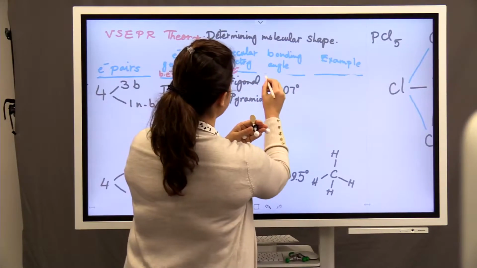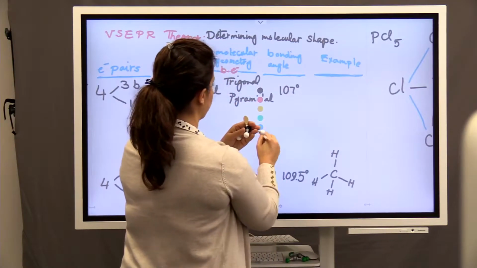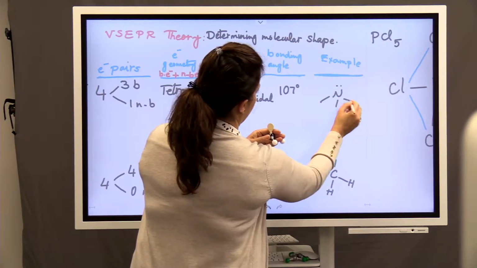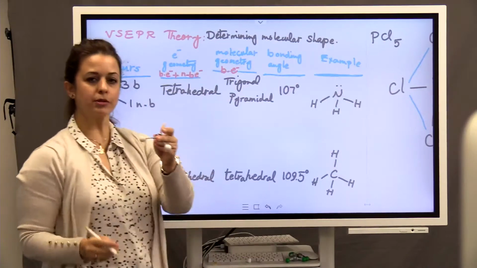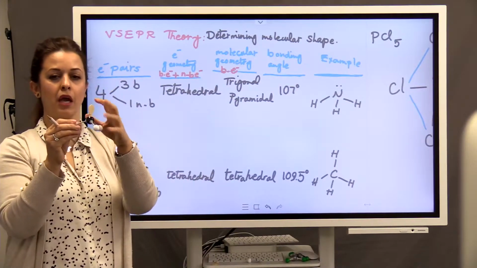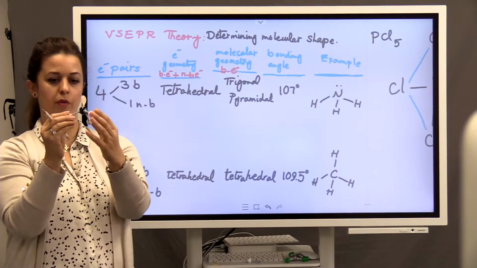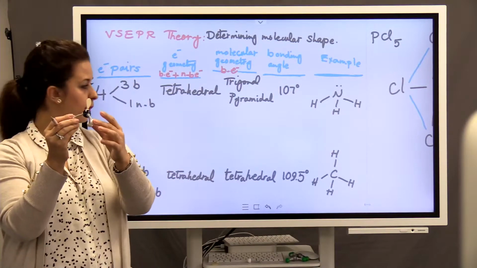And let me fix this table. And a good example will be the ammonia molecule, NH3. So by substituting the bonding electrons with non-bonding electrons, bonding angles decrease because this non-bonding pair exerts more repulsion. It's a bigger electron domain.